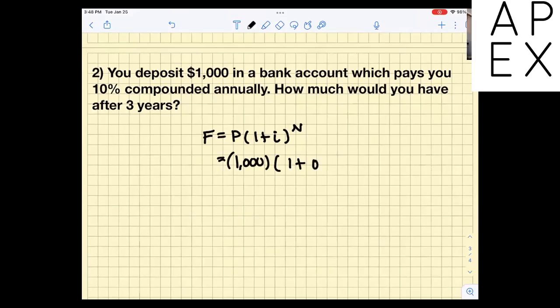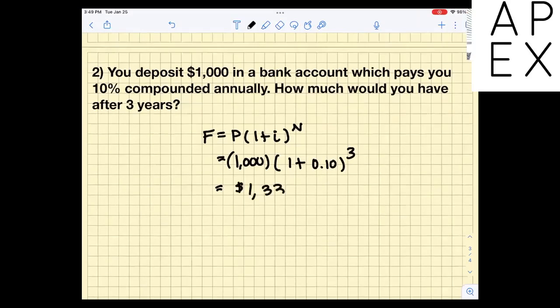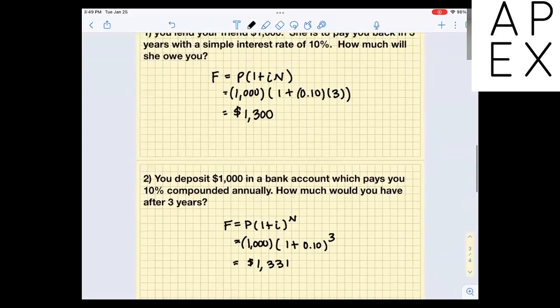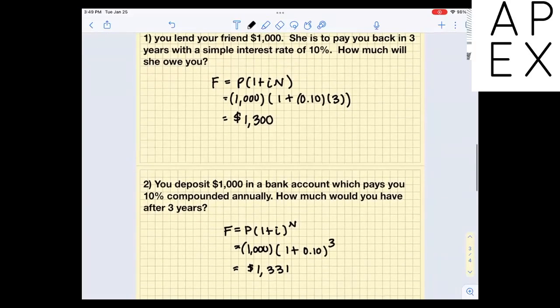Again, 1 or 0.1. 0.1. What's N? 3. Plug it in. What do you get? 1,331. Very good. Notice the difference. They're not the same. If you only pay interest on that initial amount, your final amount is 1,300, versus if you pay interest on the remaining balance each time, now it's 1,331.